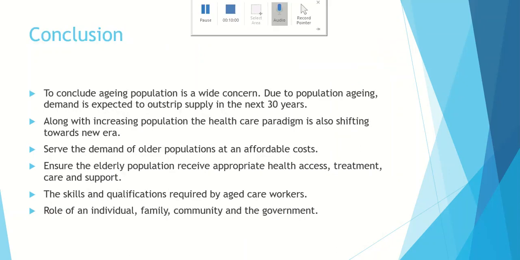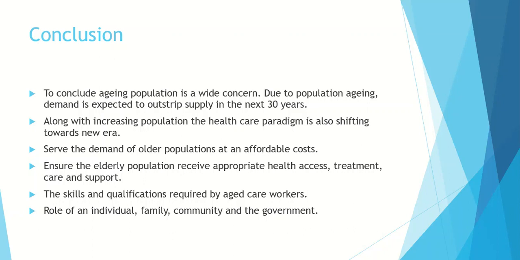So to conclude, the aging population is a wide concern, and due to population aging, demand is expected to outstrip supply in the next 30 years. Along with the increasing population, the healthcare paradigm is also shifting to a new era. So the demand of our older population should be met at an affordable cost, and every elderly person should receive appropriate health access, treatment, care, and support.